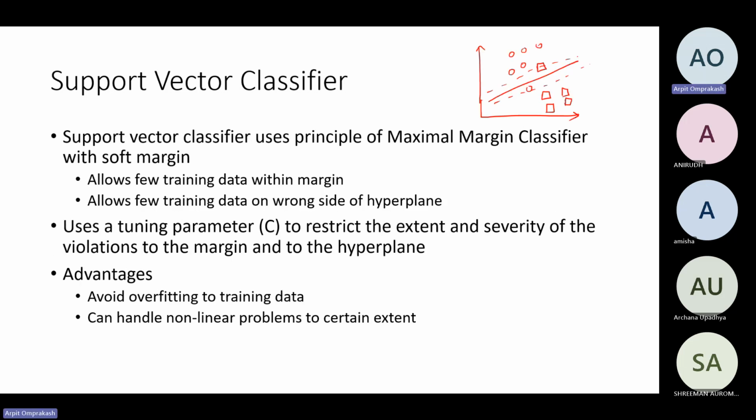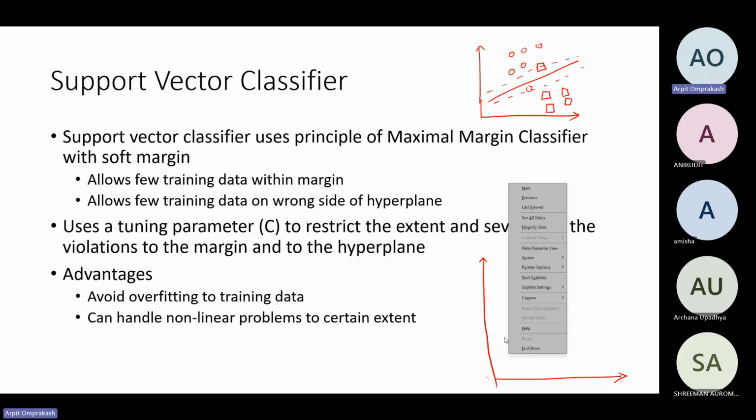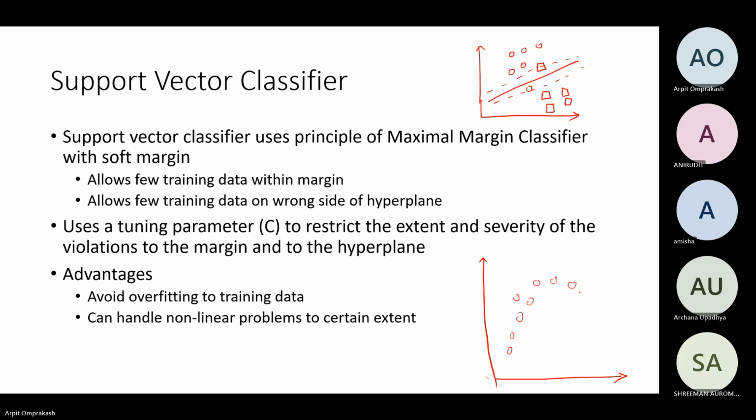what if you had some very serious nonlinear data? So for example, let's say you have some data like this. Okay. And then you have this. So basically the X's are one class and the circles are one class.